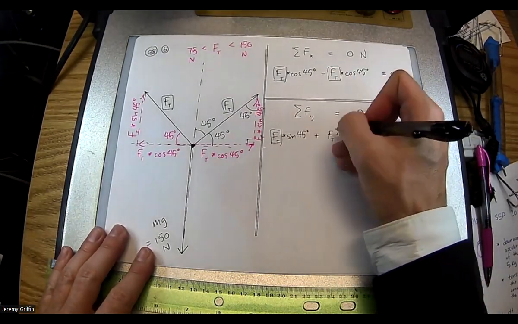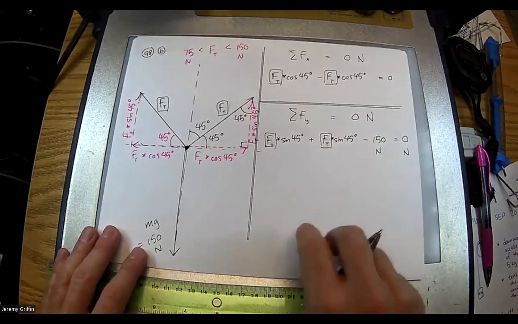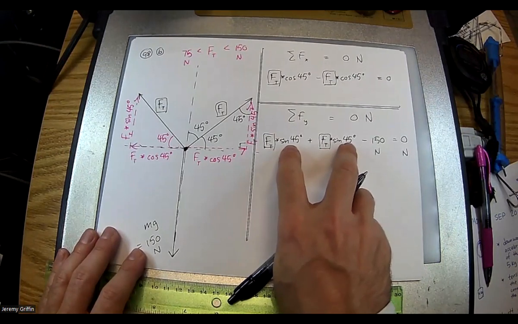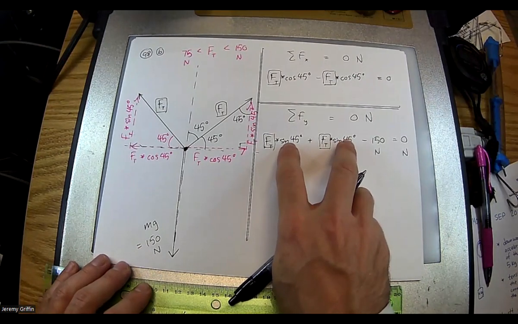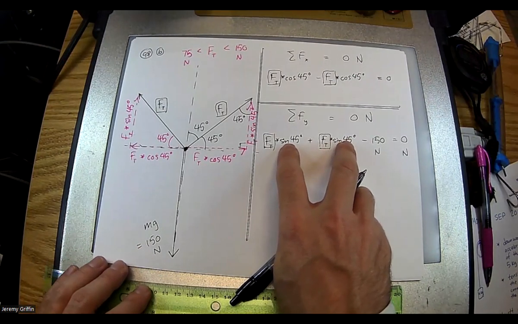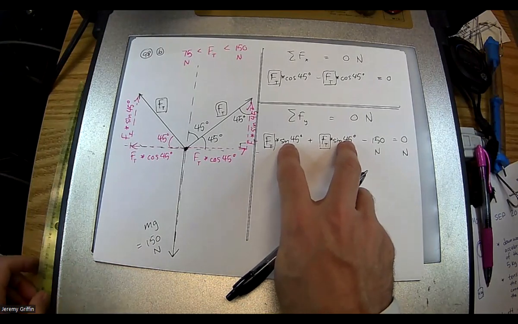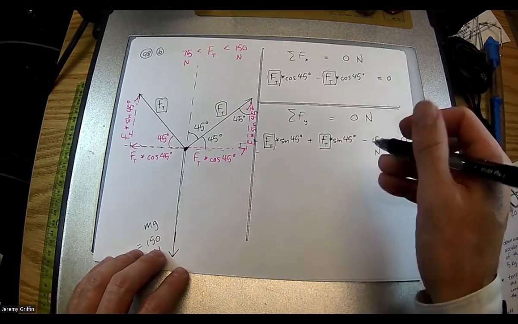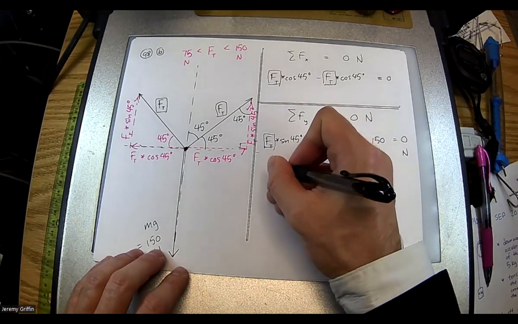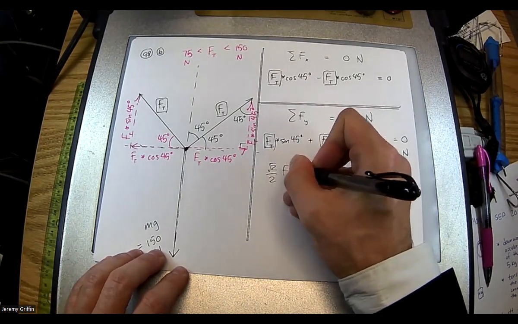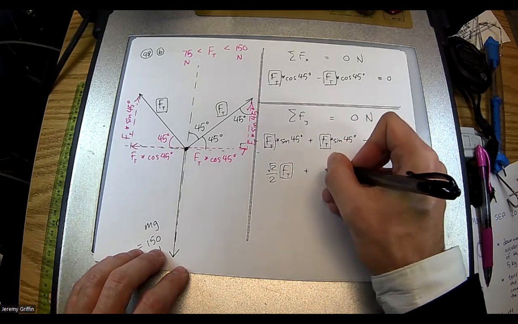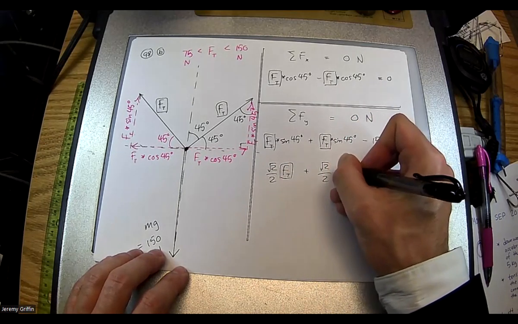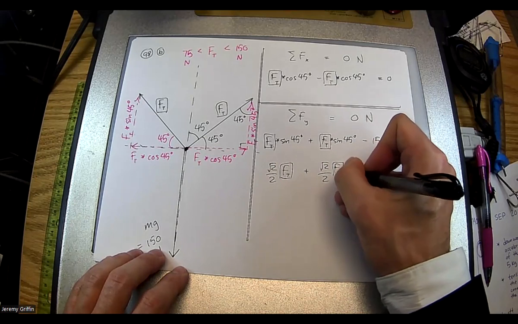So what is the tension force? Does anybody have it memorized? Does anybody know what sine of 45 degrees is as a fraction? It's like root 2 over 2, or like 0.707, I think, something like that. Okay. So I've got root 2 over 2 of the tension force plus another root 2 over 2 of the tension force.